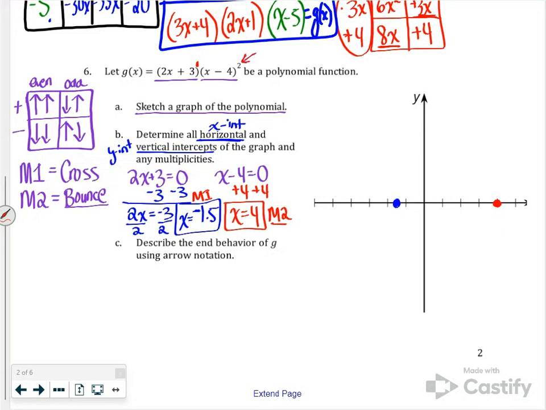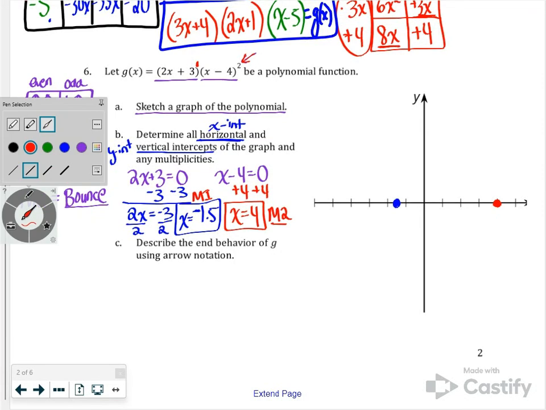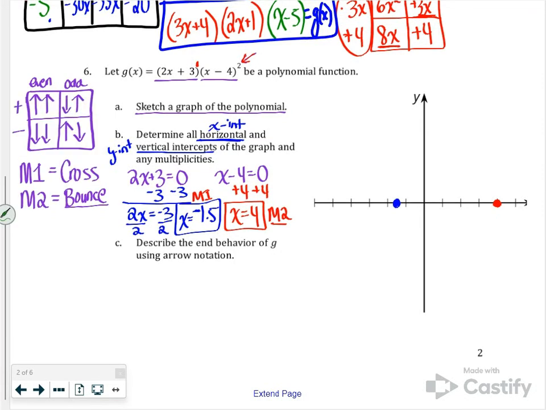So that begins our process of figuring out what the x values are. Now I want to show you how to calculate the y-intercept, or the vertical intercept. Vertical intercepts are going to be whatever the constant of the function was. So I'm going to take the constants of these factors and multiply all those.